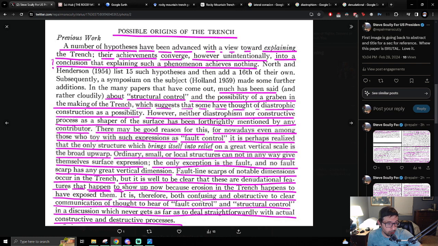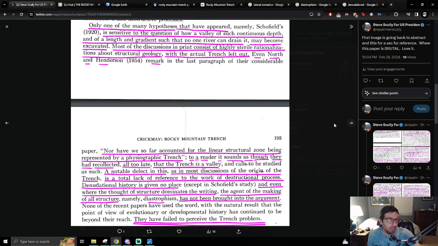That these are eroded features that happen to show up now because erosion in the trench happens to have exposed them. It is therefore both confusing and obstructive to clear communication of thought to hear of fault control and structural control in a discussion which never gets as far as to straightforwardly deal with actual constructive and destructive processes.